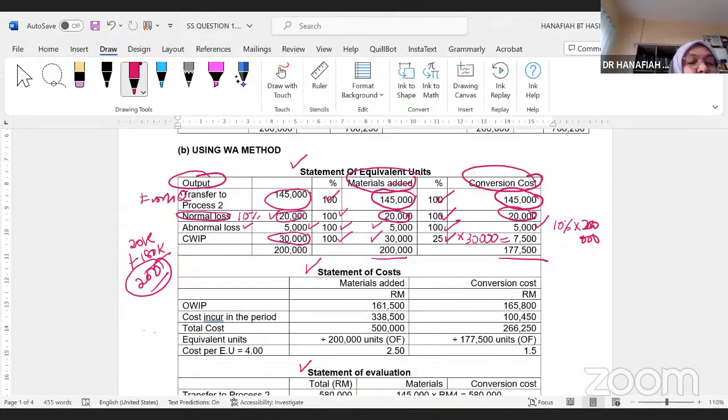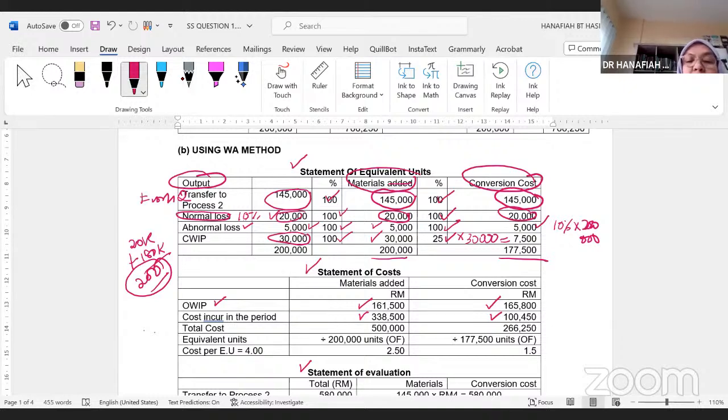Okay, under the statement of cost, the opening work in progress, if you look at the cost of the opening at the second part of the information, where opening work in progress is 161 and 165. The cost incurred for the period, at the second line, you can see 338 and 10450. All right.